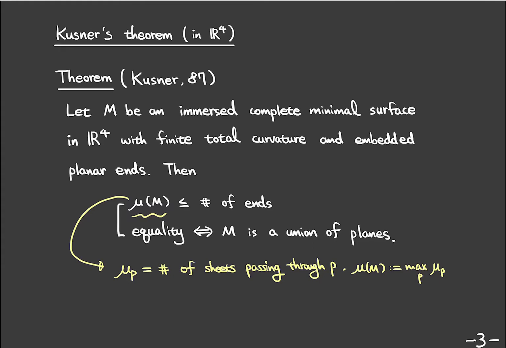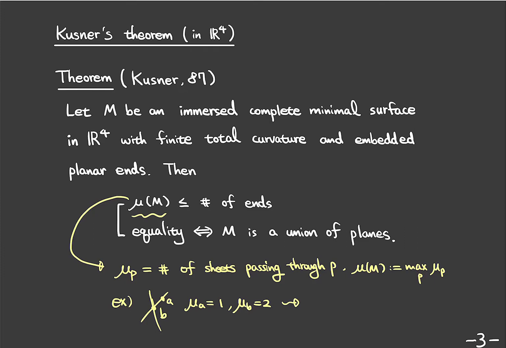So for example, if we have a shape like this, here is the point A and here is the point B, then by definition mu(A) is 1 and mu(B) is 2 because there are 2 sheets here.